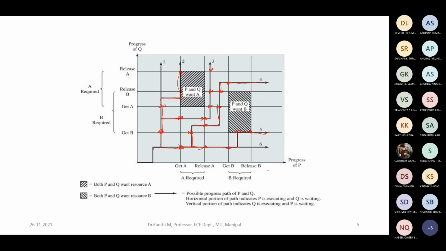That's a possible progress path for P and Q. So horizontal one is P executing and Q is waiting, and vertical portion of path indicates Q is executing and P is waiting. Okay, fine. Is that clear? Yes, ma'am.